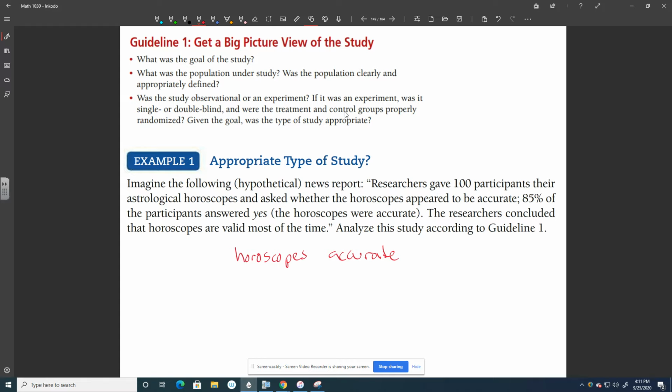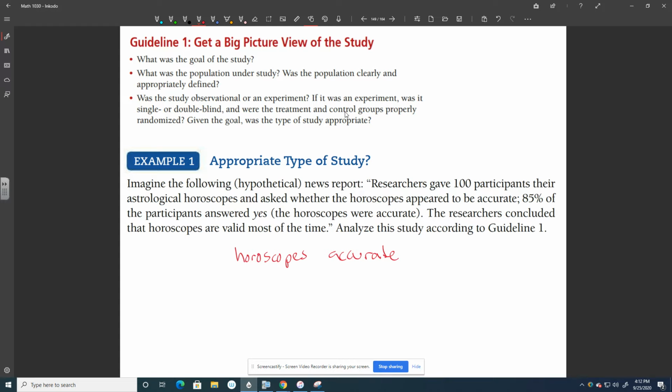Looking at this, it doesn't say anything about who the participants are or how they were chosen. It just says 100 participants. So we don't know where they came from, if they volunteered, if they were randomly chosen. We just know there's 100 of them. So that one's a little bit hard to answer.